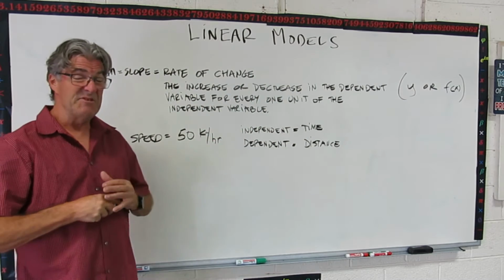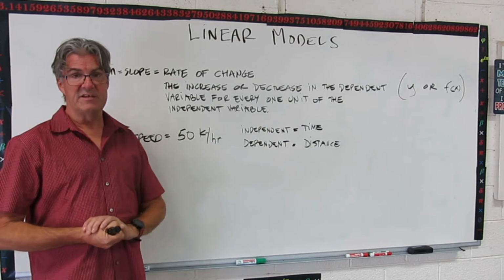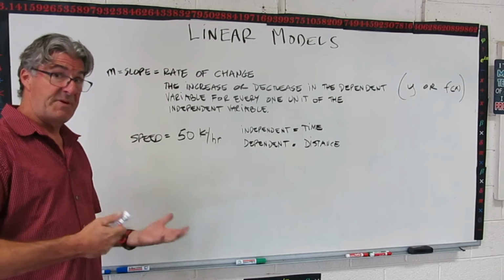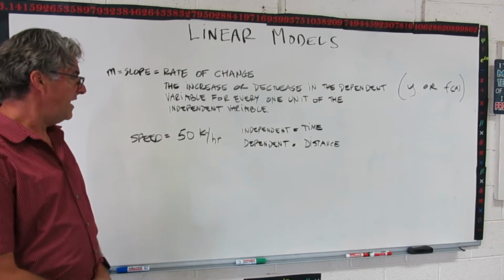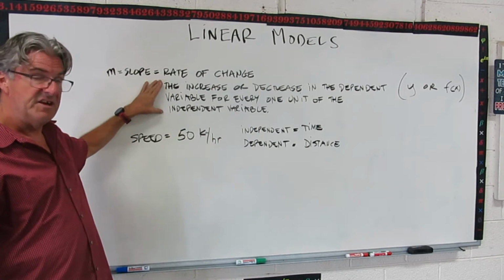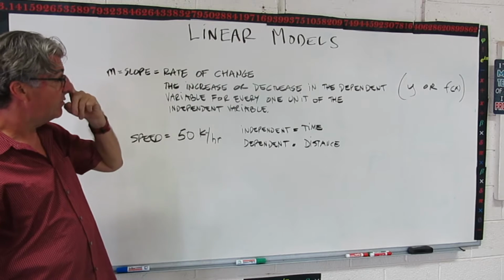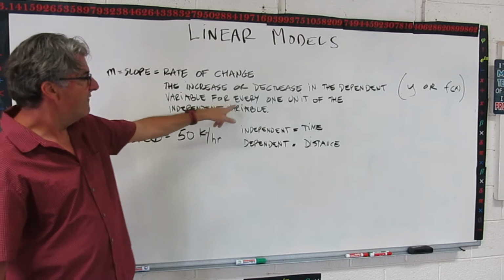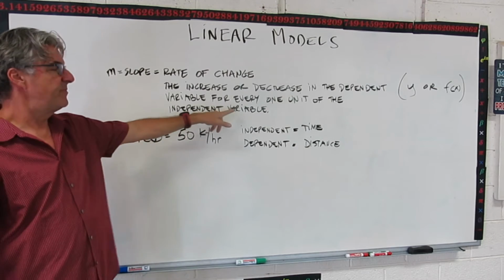Now remember, time is almost always the independent variable. There are very few situations where time is actually dependent on something else. Okay, so now that we know this, let's look back at our definition. It's the increase or decrease in the dependent variable, which is distance, for every 1 unit of the independent variable.